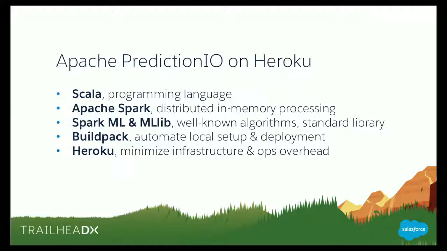So Apache Spark is the underlying distributed data processing application service that PredictionIO essentially wraps and helps you run. Coming with Apache Spark, you get the Spark machine learning and MLlib libraries. These libraries give you well-known algorithms. You could think of it as a standard library for solving machine learning problems.